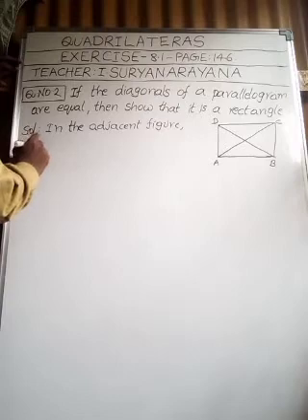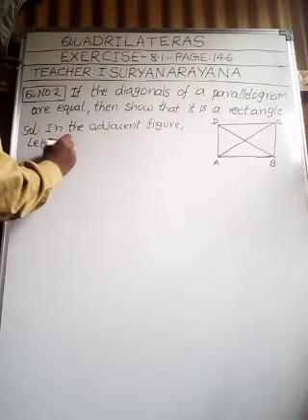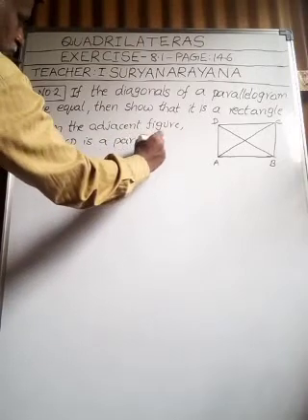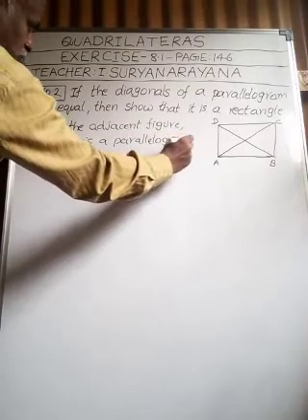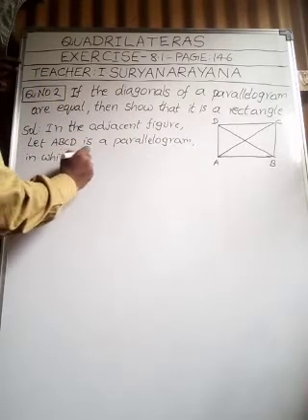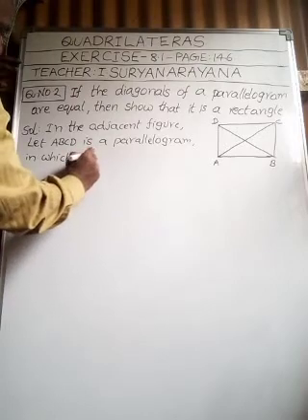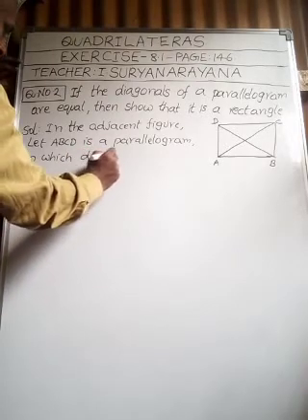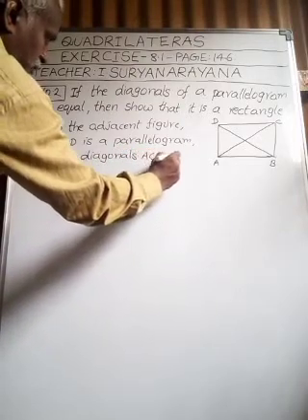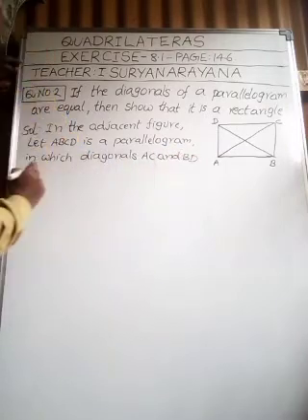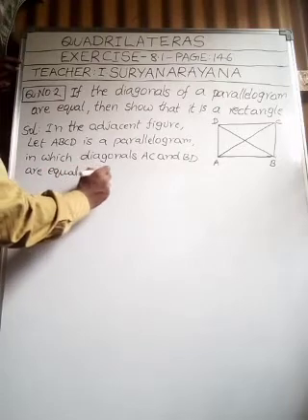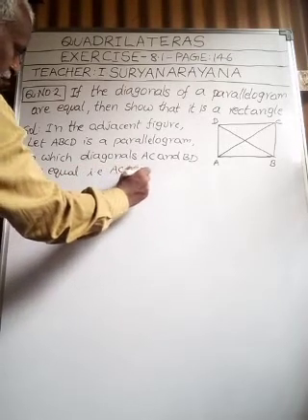Let ABCD be a parallelogram in which diagonals AC and BD are equal, that is AC is equal to BD.